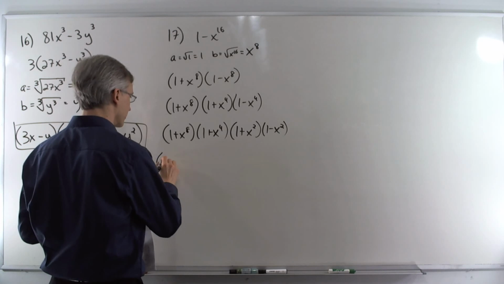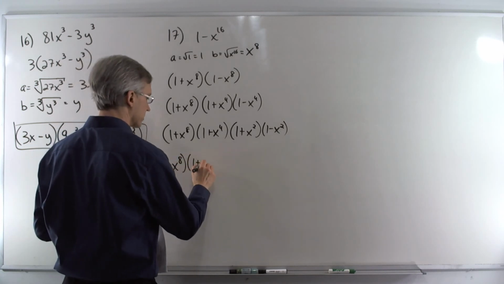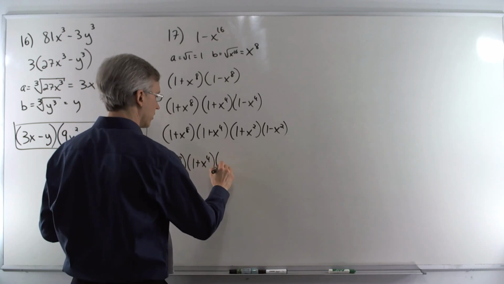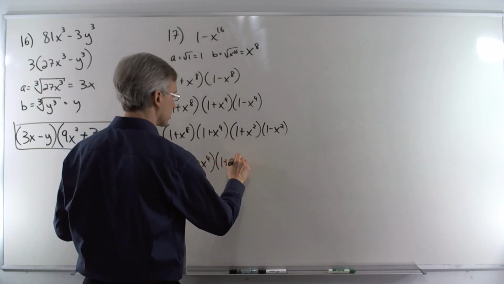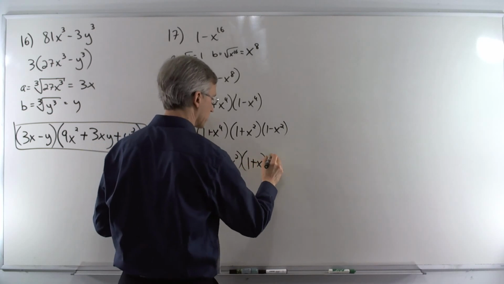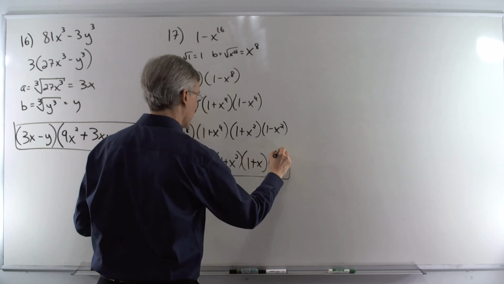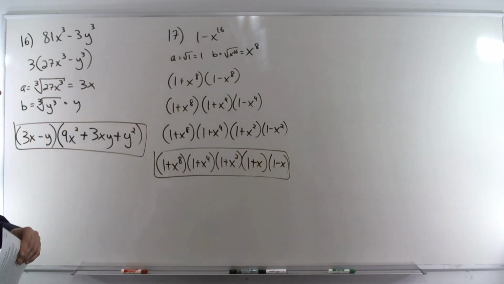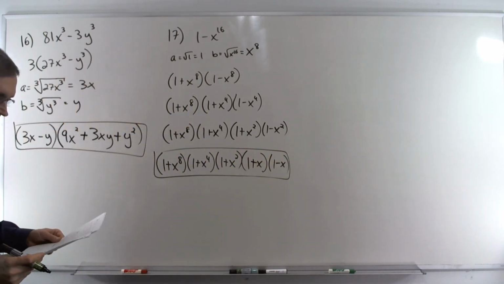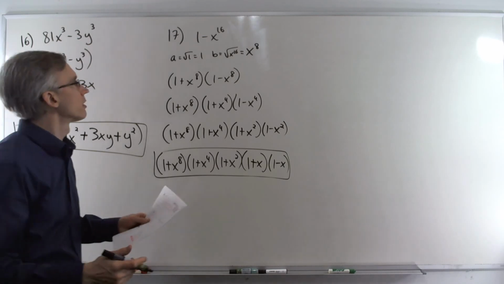So this turns into 1 plus x to the 8th, 1 plus x to the 4th, 1 plus x squared, and we'll split this up into 1 plus x times 1 minus x. And there is that one. Number 18.